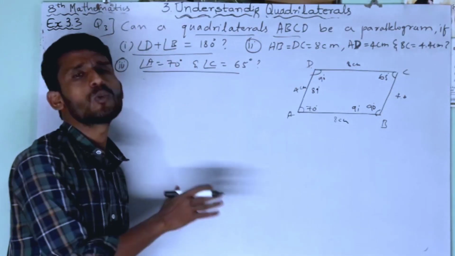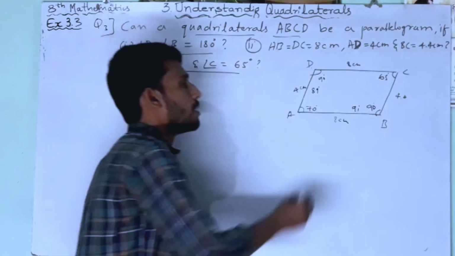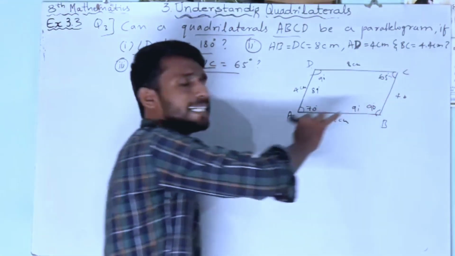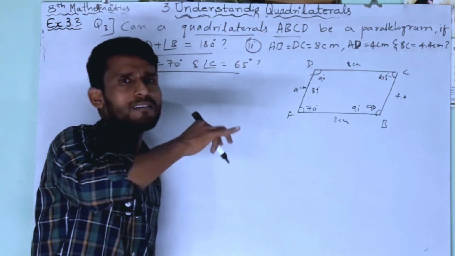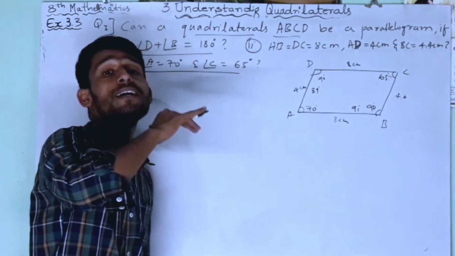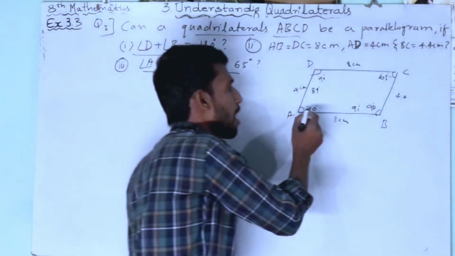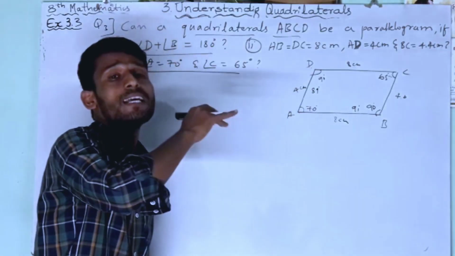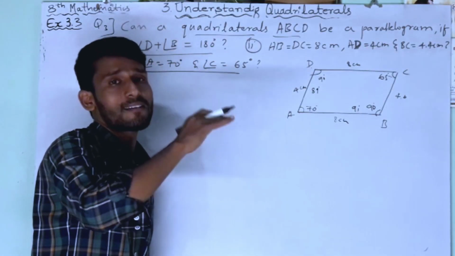This is also not a parallelogram. See, dear student, here one angle is 70 degree, another one is 65 degree. In a parallelogram, opposite angles of a parallelogram are always equal. Here we have 70 degree, here we have 65 degree. Then we can say this is not a parallelogram.